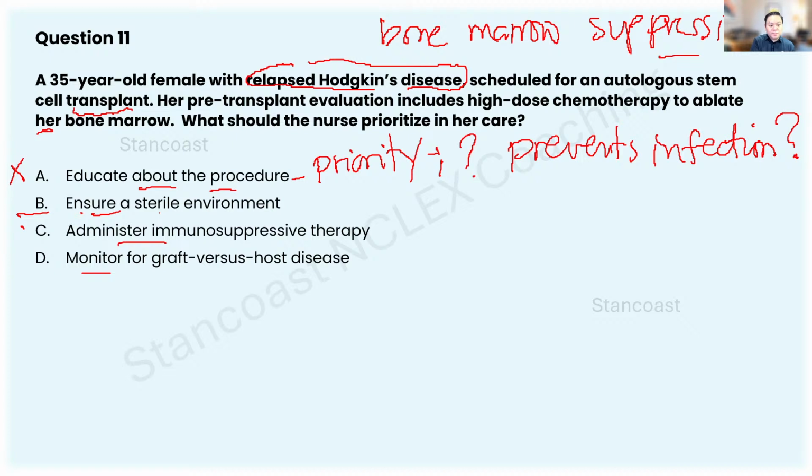Well, remember that the case already states includes high-dose chemotherapy to ablate the bone marrow. Okay, will this really place a higher priority? It's not really going to maintain the sterility.